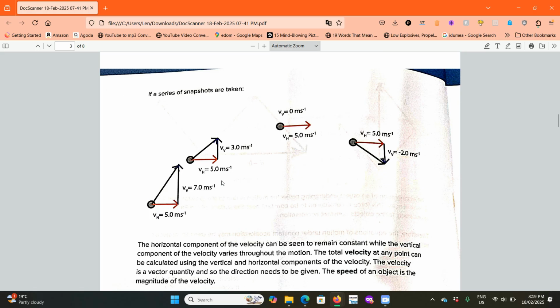Okay, and what should change is your vertical values. Okay, because here we are going up and getting slower. We're hitting 0 at the apex, right at the peak, it's 0, and then when it comes back down, it goes negative.